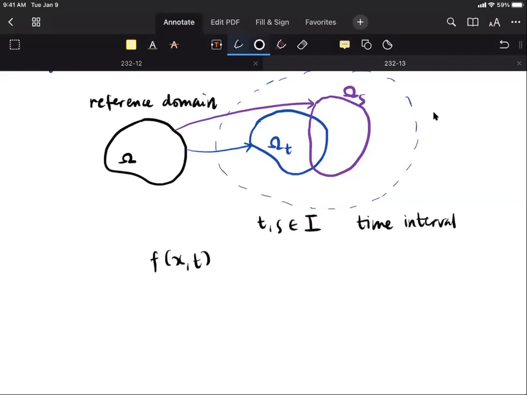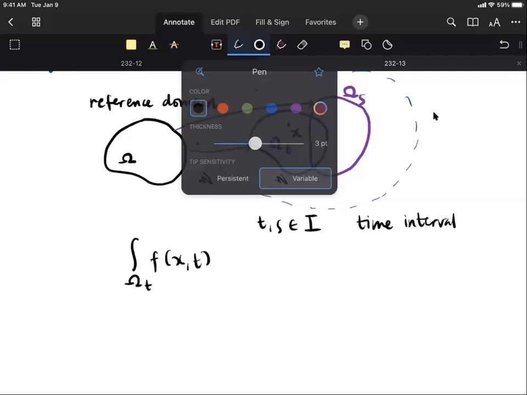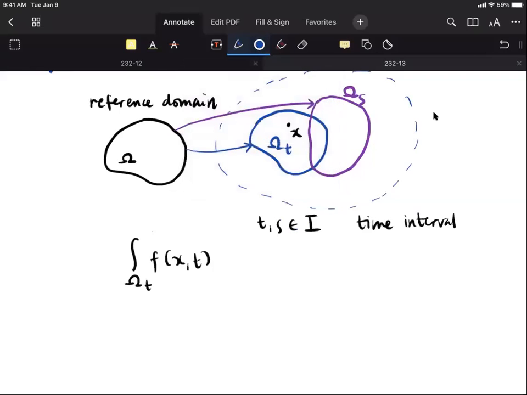So x here is the coordinates. Let's say we have to calculate the integral of f. Think of f, for instance, as a physical quantity.